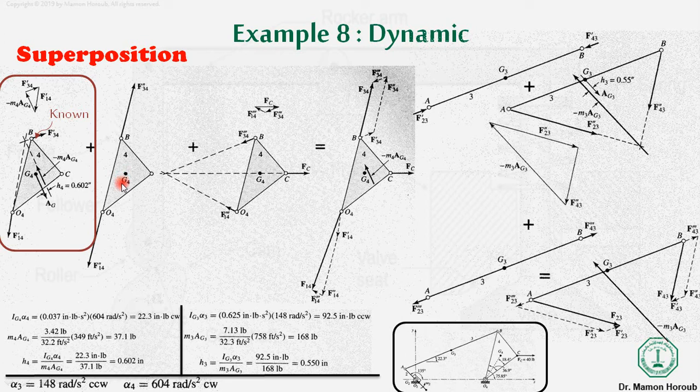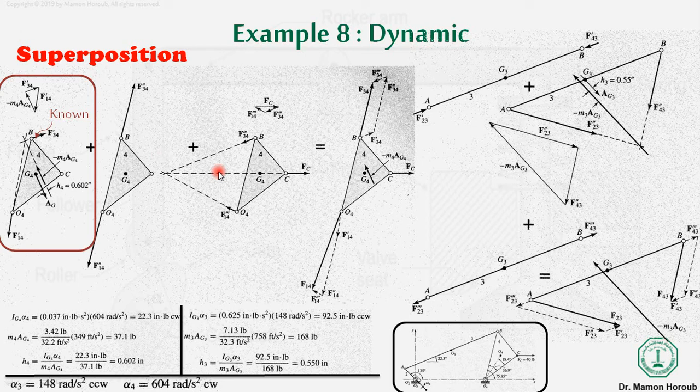If there is no gravitational force, then it is a two force member, and these forces will act at point B and point O4. The previous one was F14 prime, so this will be F14 double prime and F34 double prime. The previous one was F34 prime.